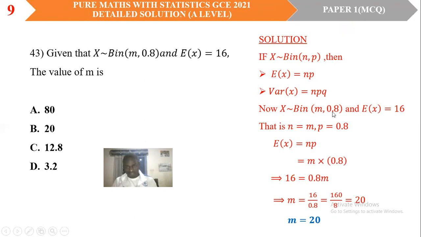Equating parameters, we have that n is equal to m and p is equal to 0.8. Substituting into the expectation np, we have that m times 0.8 gives us 16.